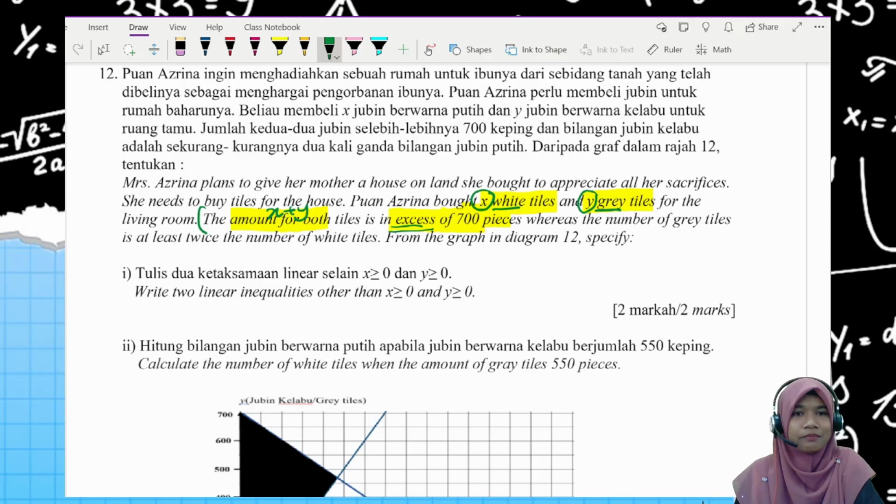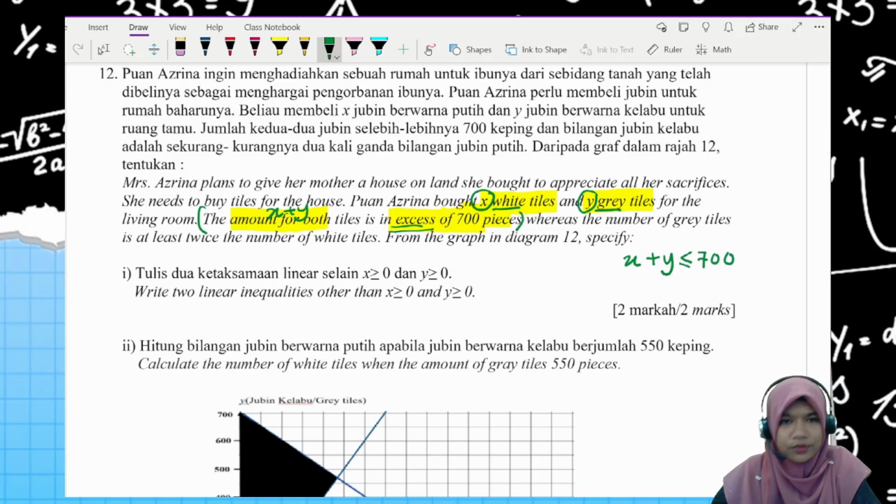In excess means the maximum value is 700, so it must be less than 700. So the first inequality is x plus y less than or equals to 700.